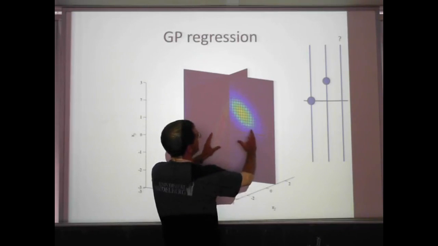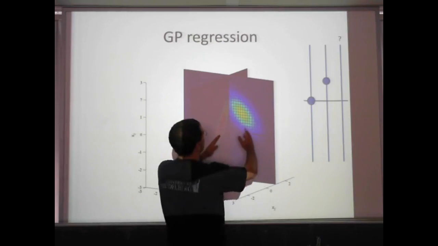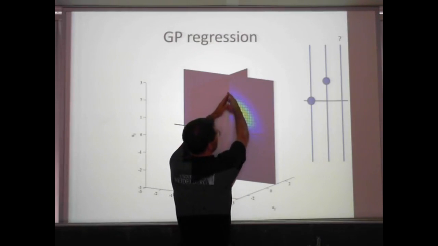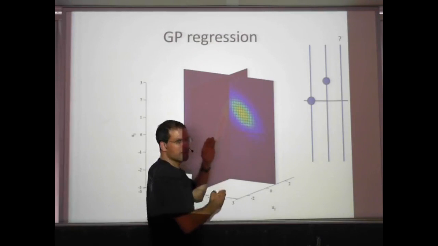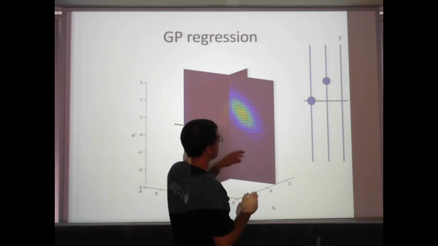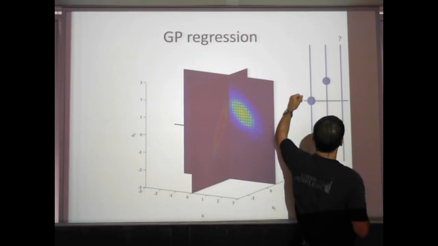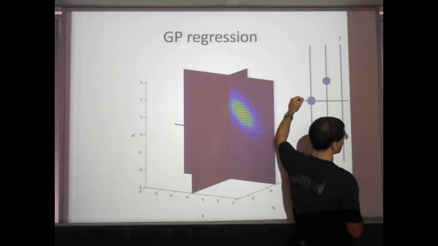And if I now make my Gaussian thinner and thinner, they will meet further and further up. And indeed, the limit here, I think the angle will also change.